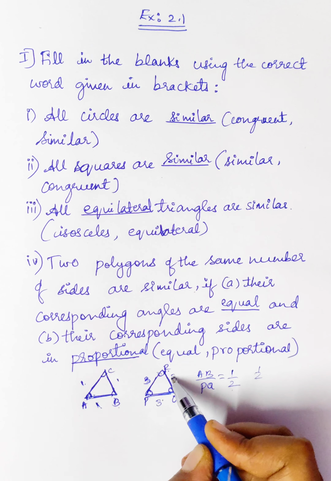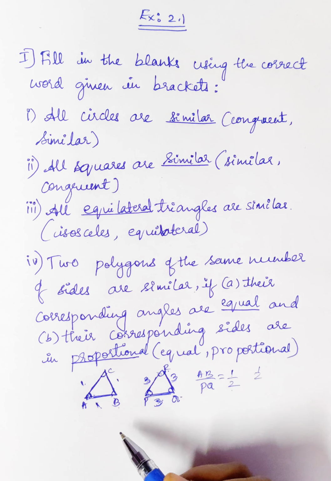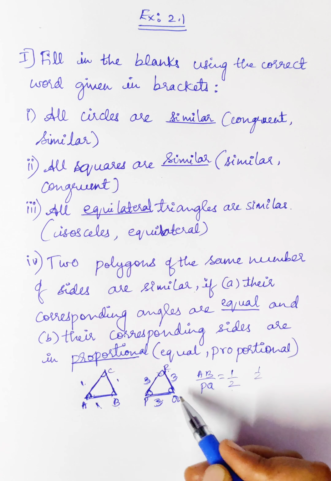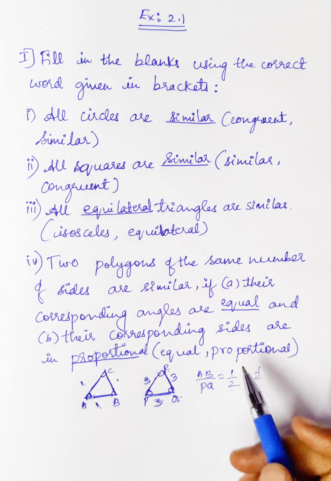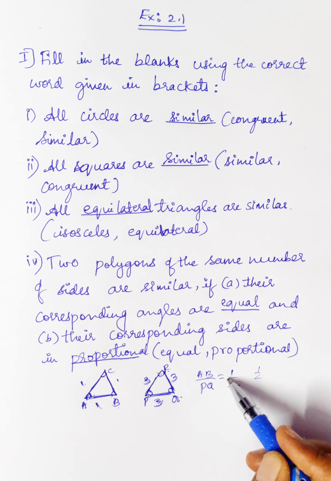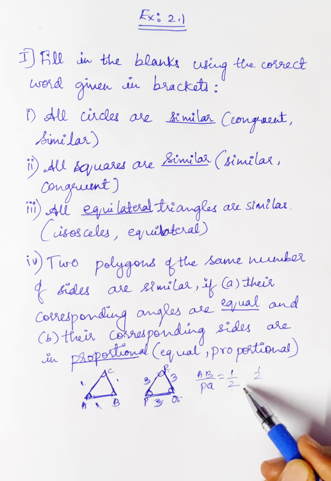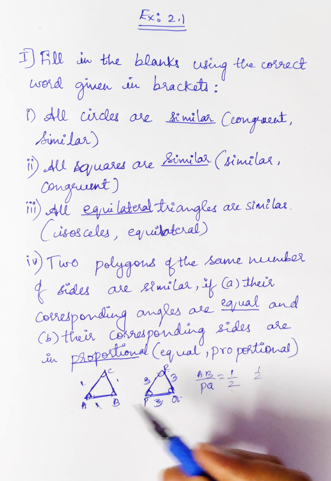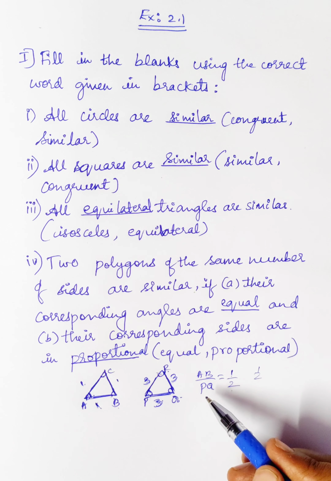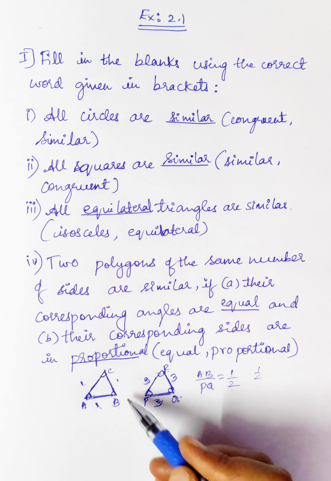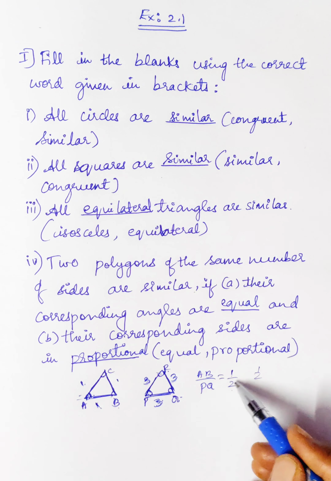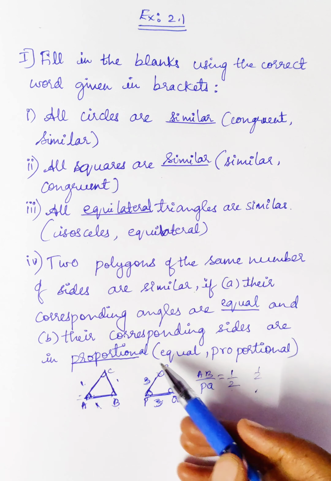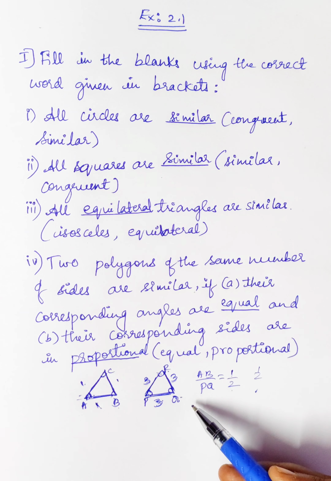When you calculate the proportion for both figures, if you get the same proportion, that is 1 by 2 or 1 by 4, anything, then the corresponding sides are in proportion.